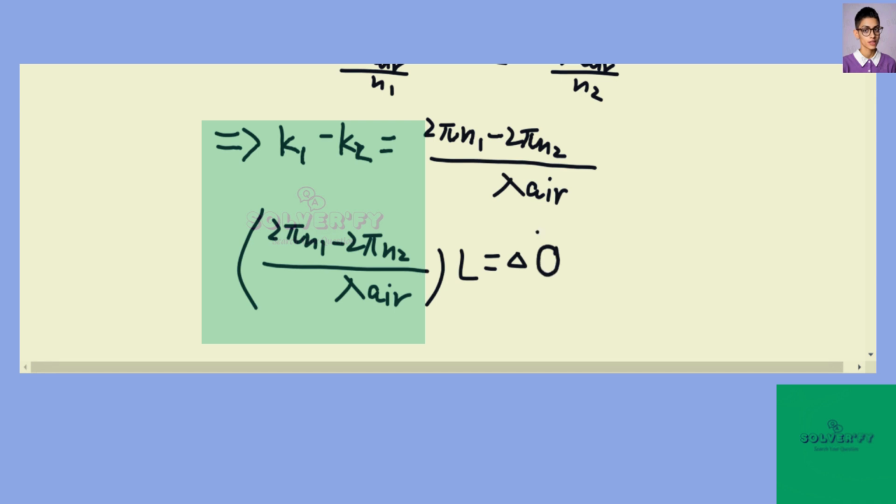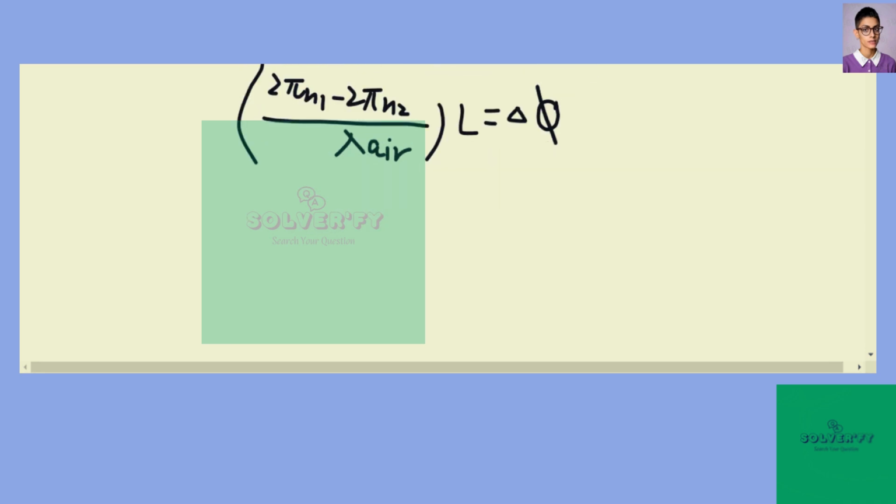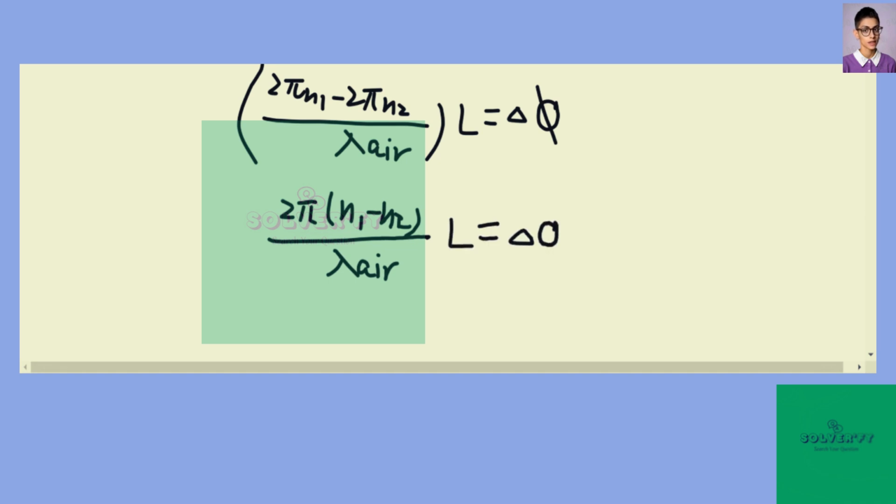If we take 2 pi out, we'll get 2 pi times n1 minus n2 over lambda air, times L, is equal to the difference of the radians.